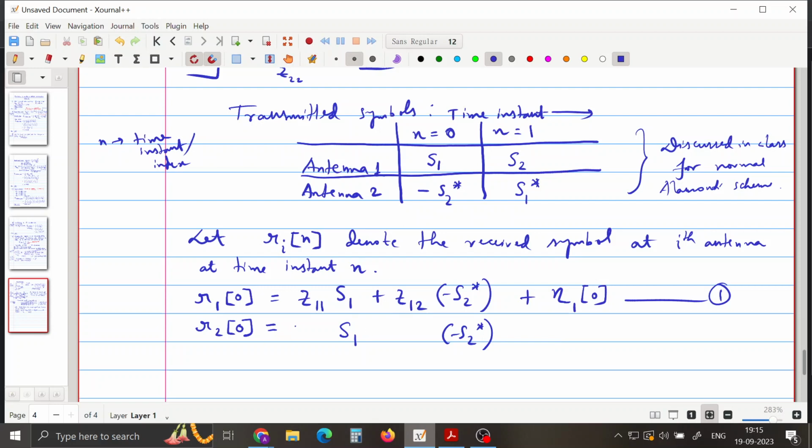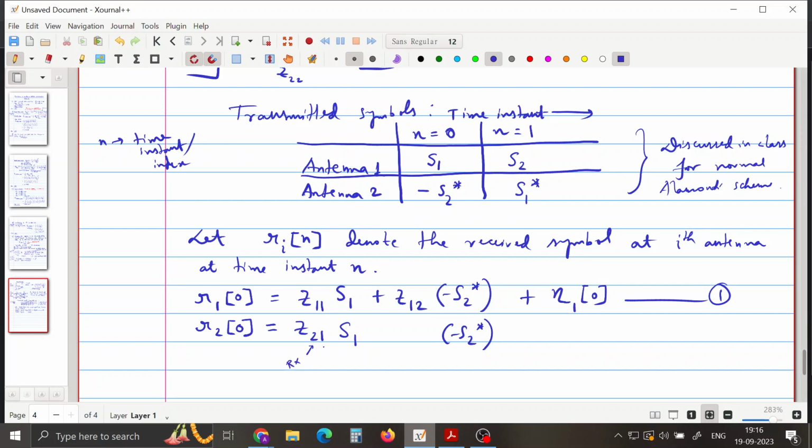Now what will be these coefficients? R2 means we are at the second receiving antenna. From my first transmitting antenna to my second receiving antenna, the coefficient is Z21.